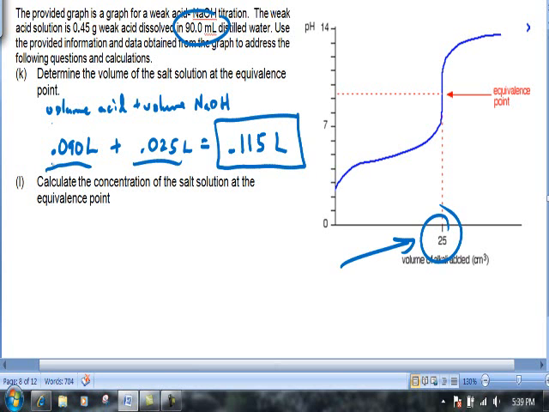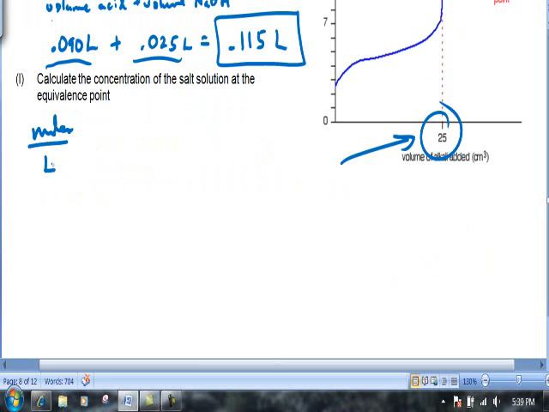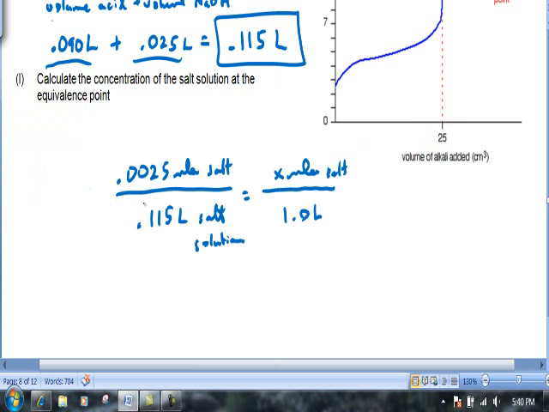To get the concentration of our salt solution, once again, concentration is moles per liter. We need to know two things, the moles of salt and the liters of salt. We just determined the volume of our salt solution, and the moles of salt present is equal to the moles of acid that were originally present in the solution. We can now set up a proportion.